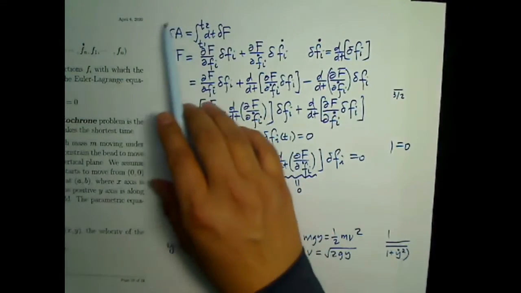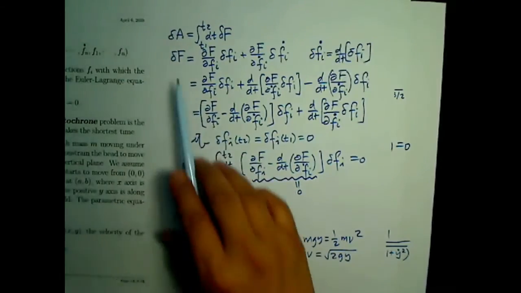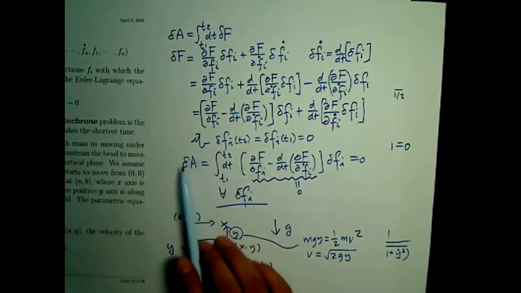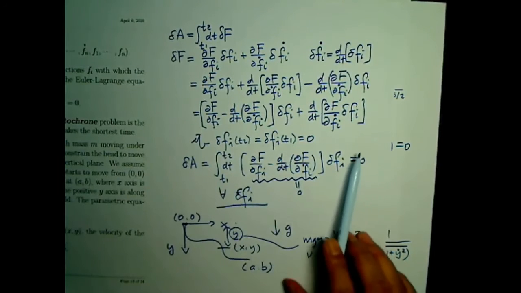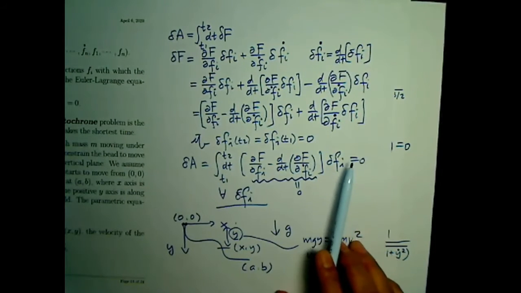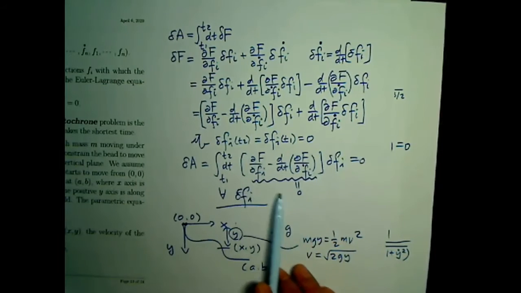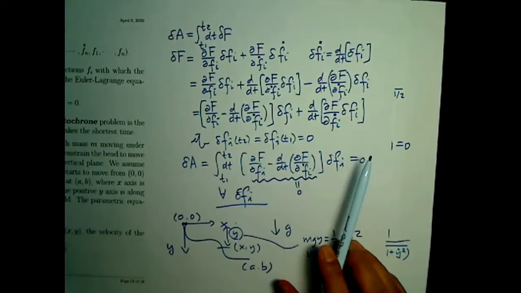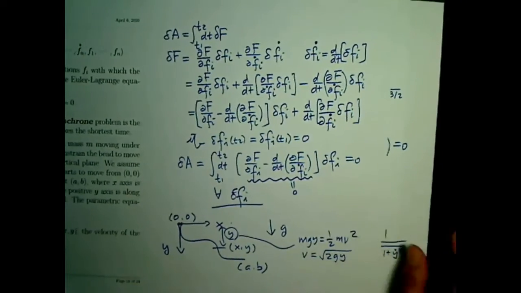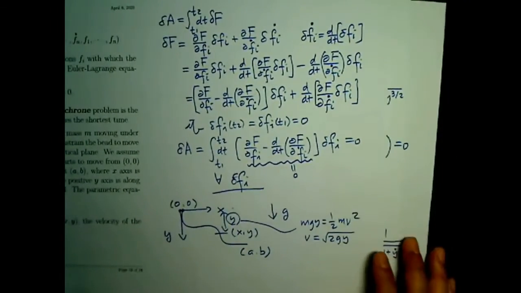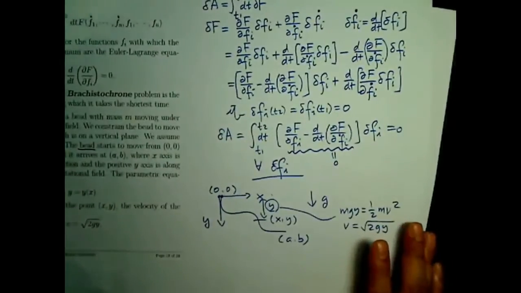If this integral is minimized, then this variation should be 0. And if the variation is 0 for arbitrary variation, the coefficient must be 0. That means this is the Euler-Lagrange equation.